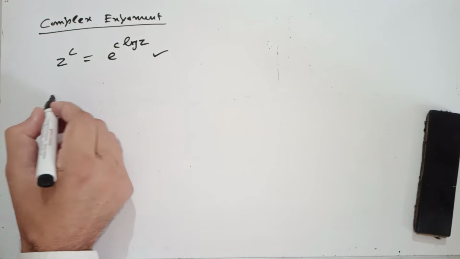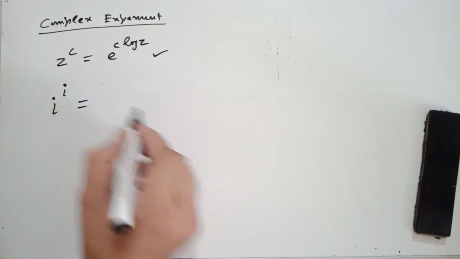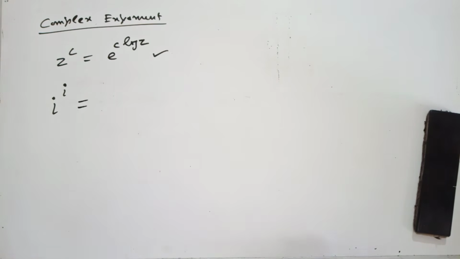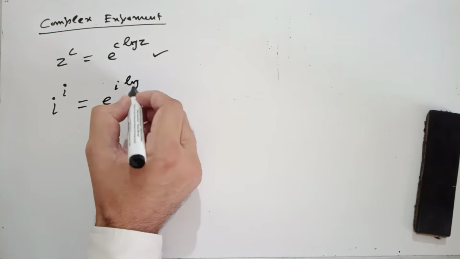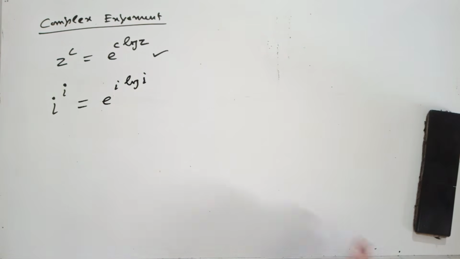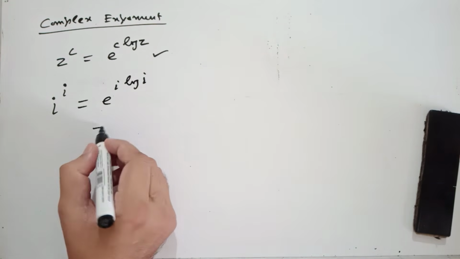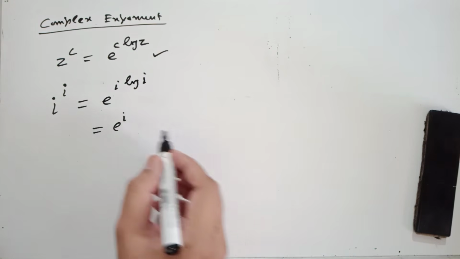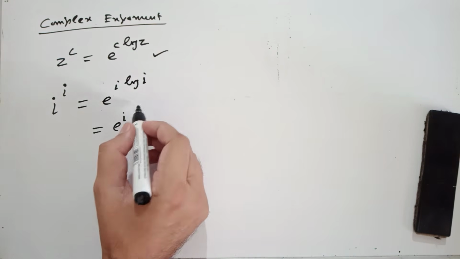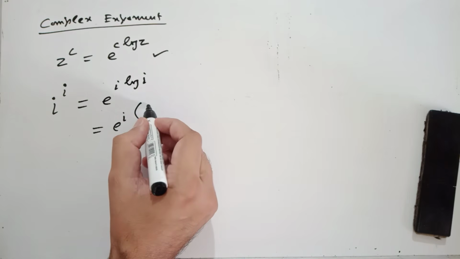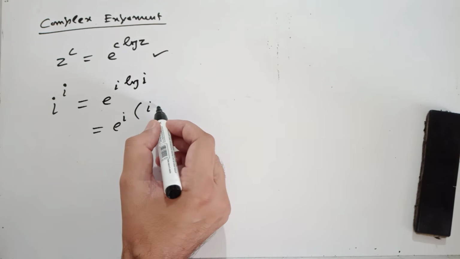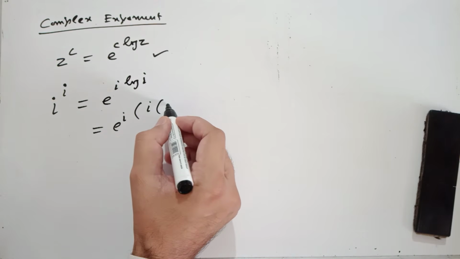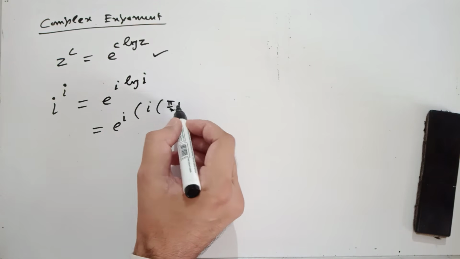So suppose you want to calculate iota power iota. Follow this definition to calculate iota power iota. e power iota log iota. Log iota we have just calculated. What was that value? Iota times ln 1 plus iota times pi by 2 plus 2k pi.